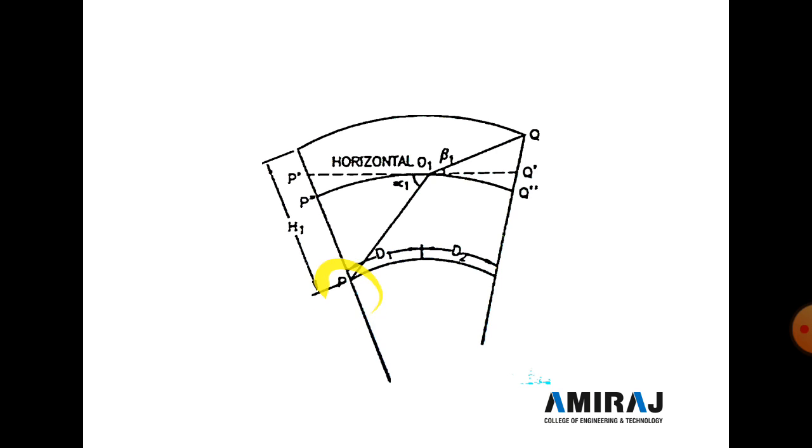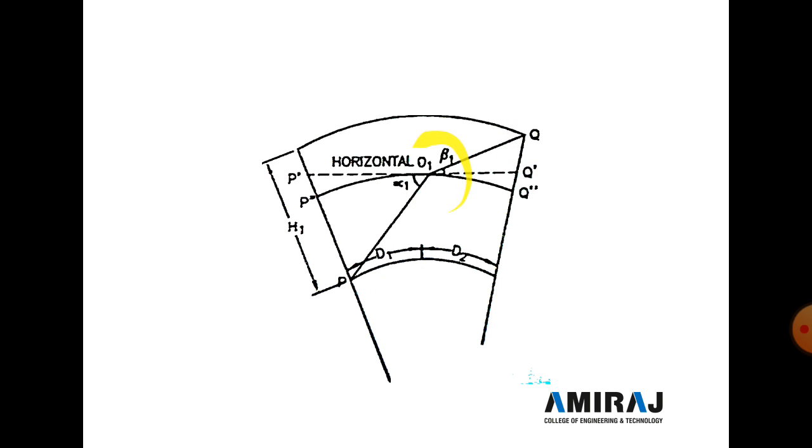We bisect the P point and measure the vertical angle alpha 1, and also measure the horizontal distance d1 from P to O1. This distance is measured by a measuring tape or chain.